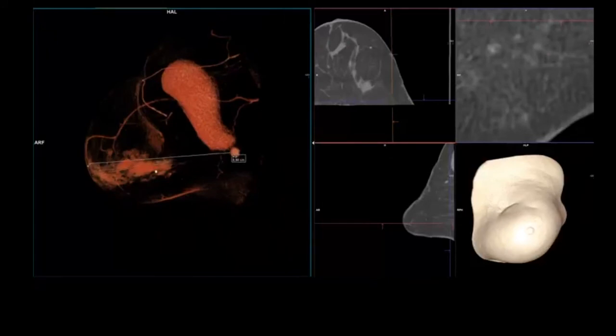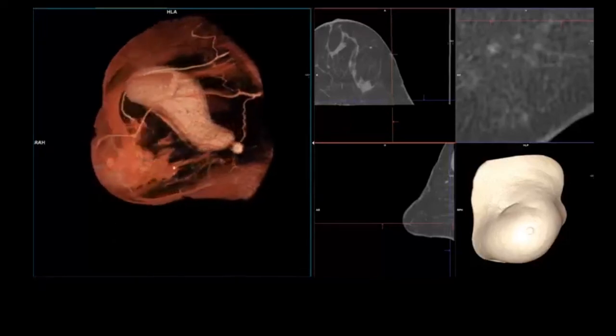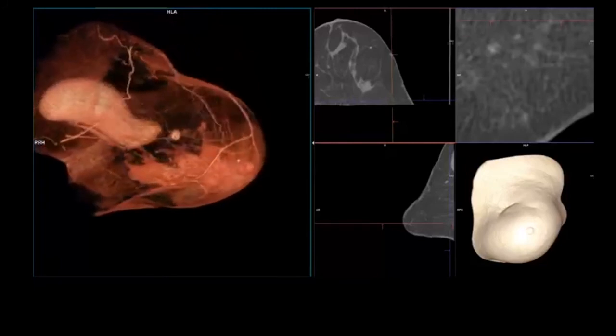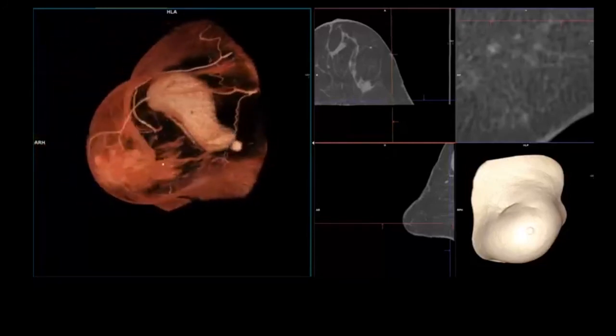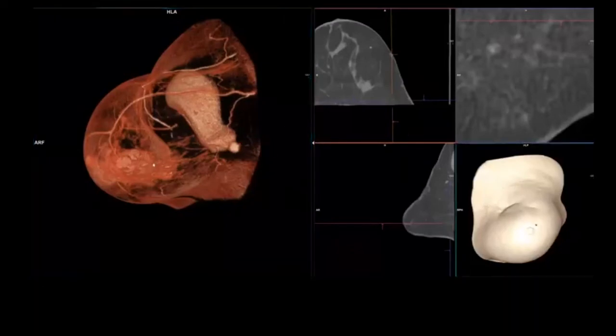You can measure the distance to the nipple to get a 3D impression of the localization directly in front of the musculus pectoralis of the right breast at 3 o'clock. And you can turn around in every direction. This was very nice for a surgeon who has to deal with this case in future.